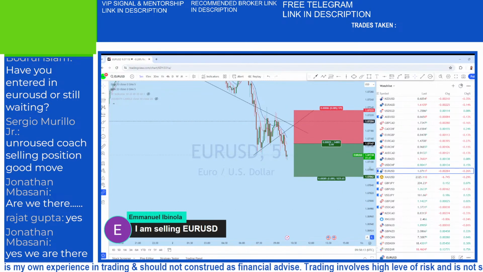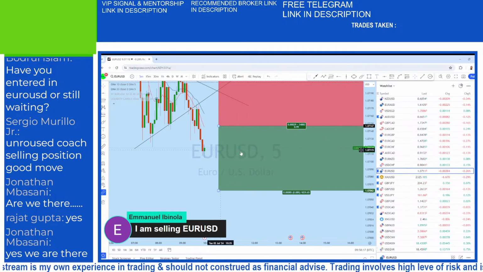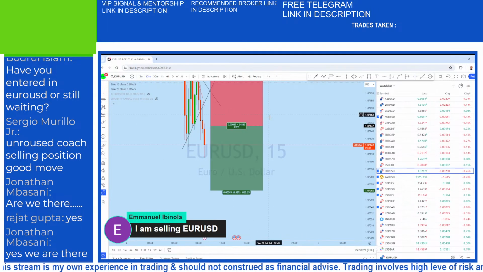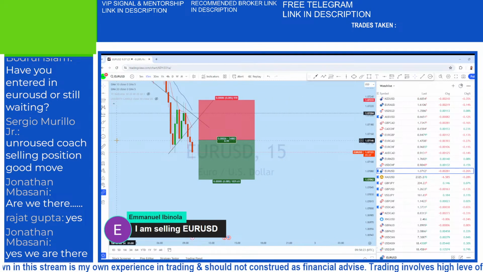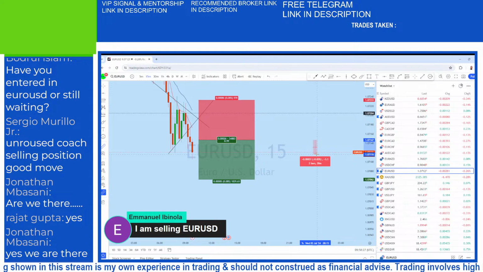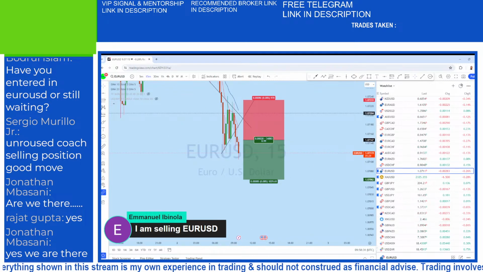Okay, here if you guys, you can see that this is a pretty important level. We are running a couple of pips profit on this, few pips profit, and wanting to see that 8 pip gain.